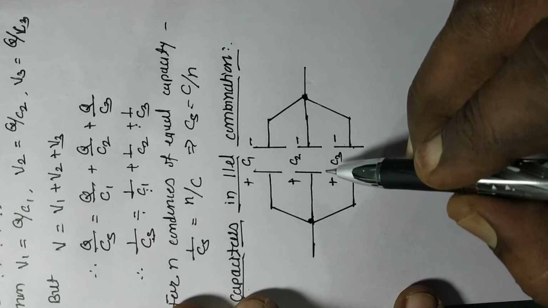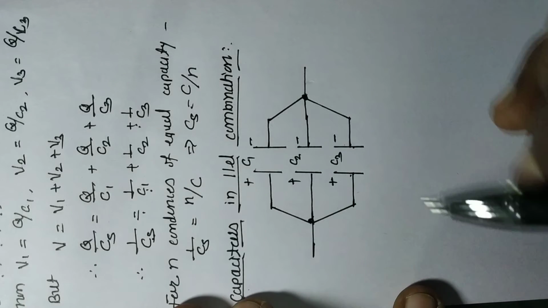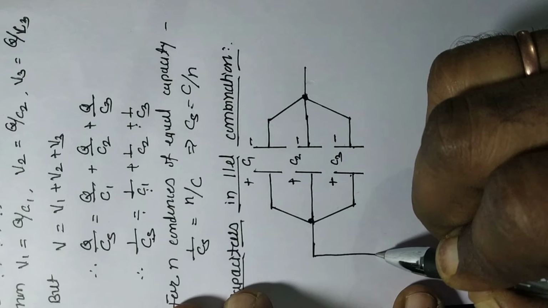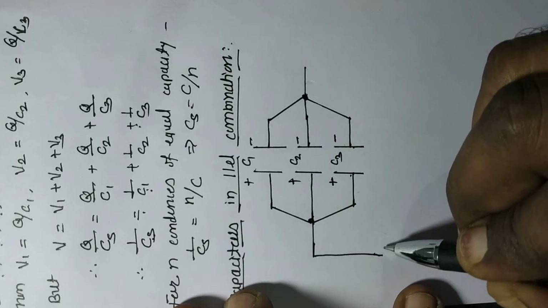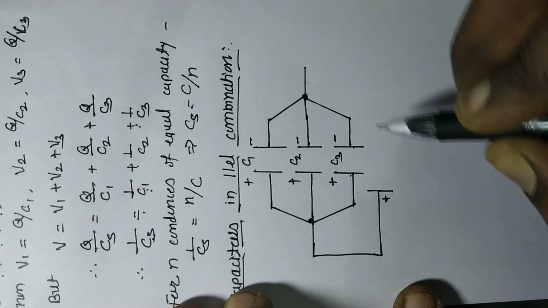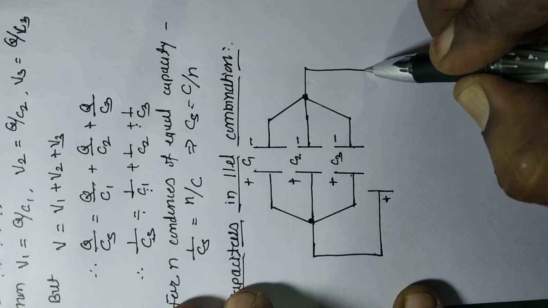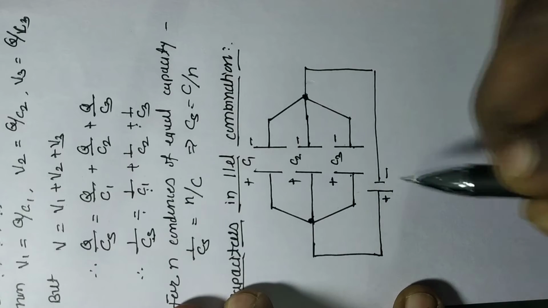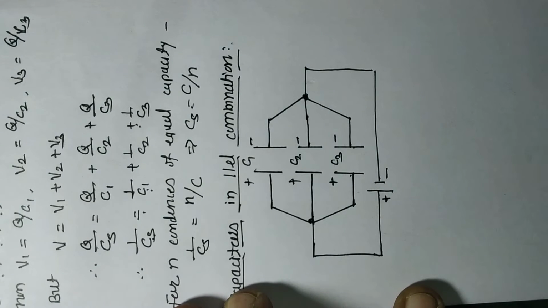Now, consider capacitors in parallel combination in which positive plates of each capacitor are connected to the positive terminal of the cell and negative plates of each condenser are connected to the negative terminal of the cell.